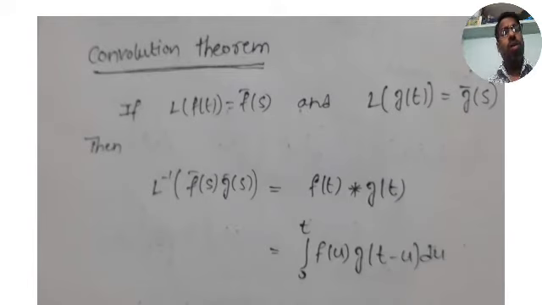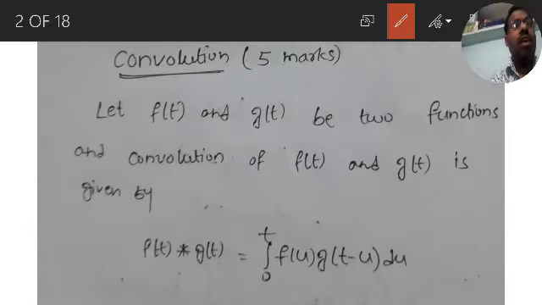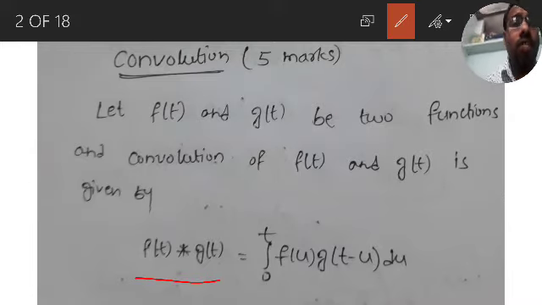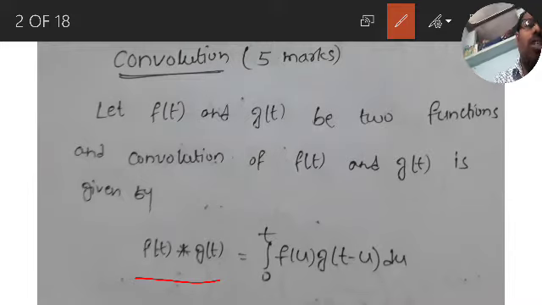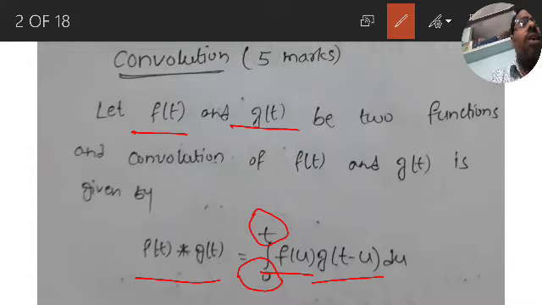Once you note it down, let us go to the problem. So this is what I said: convolution. How is convolution defined? The convolution of f of t and g of t is denoted as f of t star g of t, and it is defined as the integration with lower limit 0 and upper limit t. For f of t, you write f of u, and for g of t, you write g of t minus u.